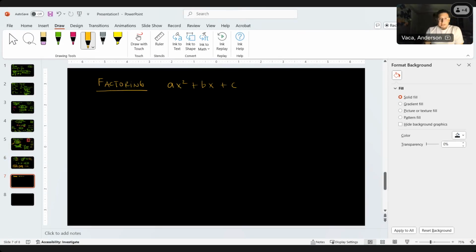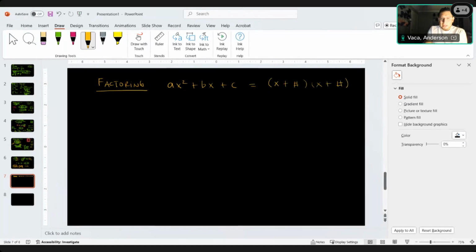The idea is that we would like to take something that looks like that and write it into something that looks like this: x plus a number, and then, for example, x plus another number.